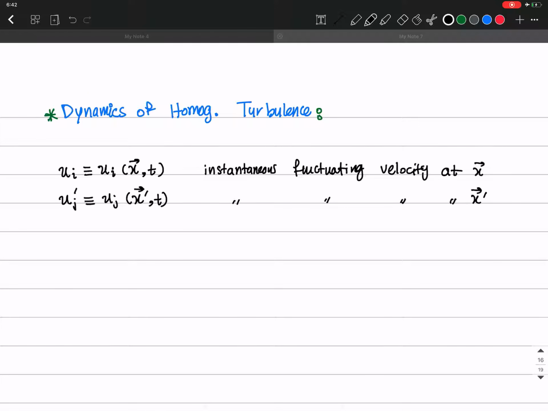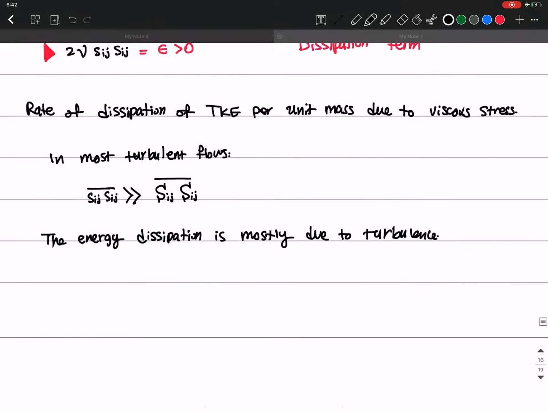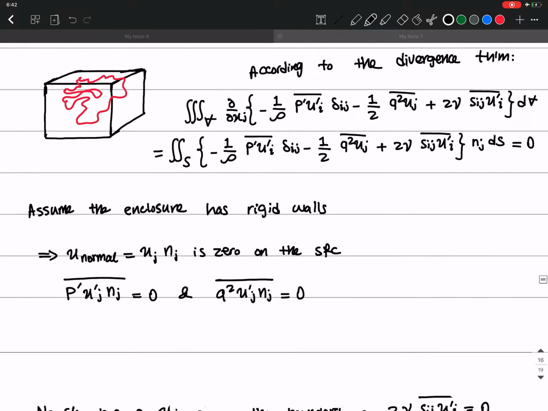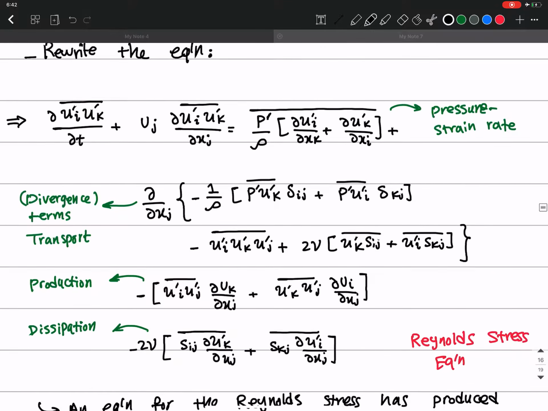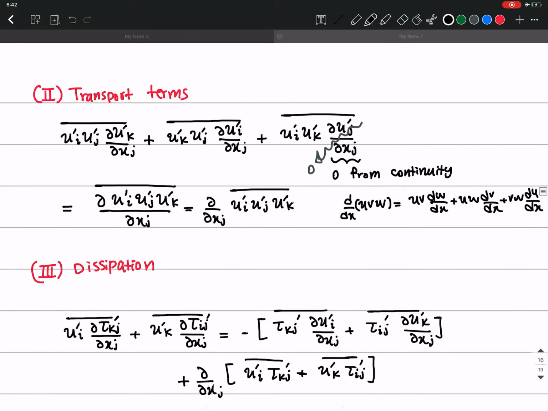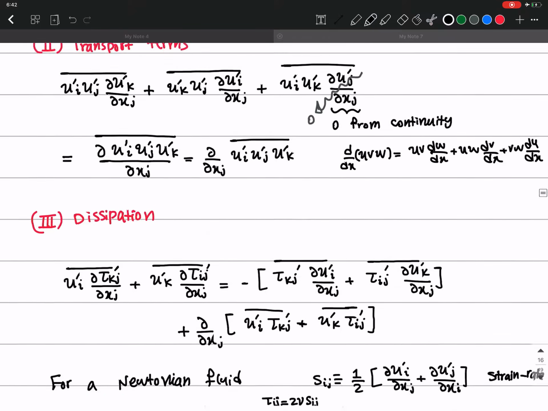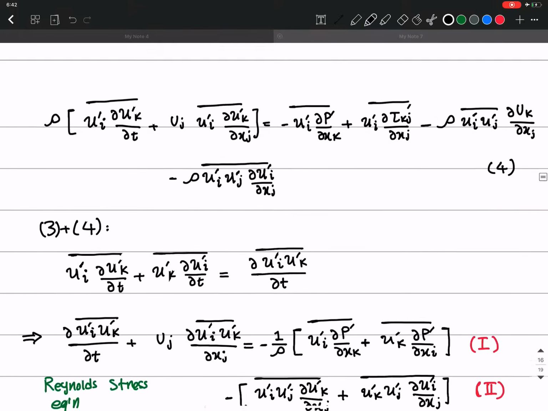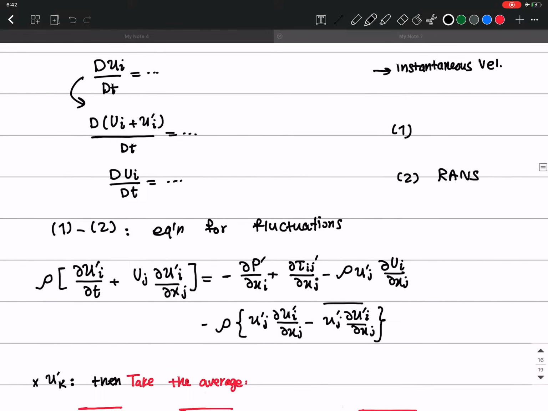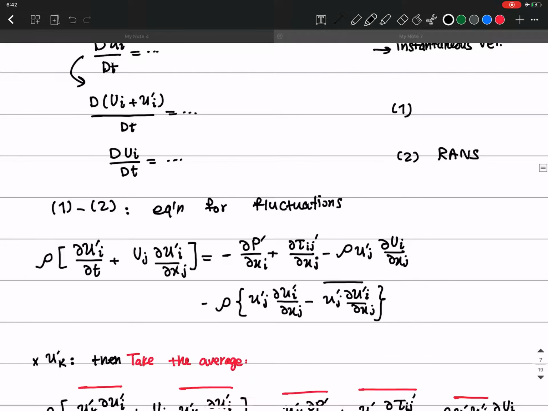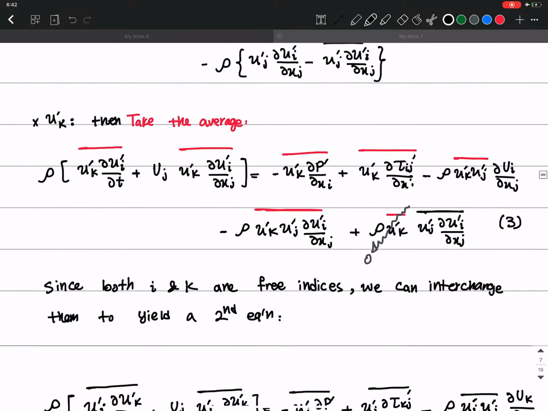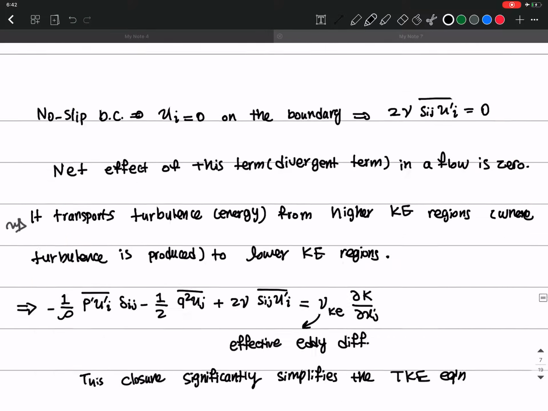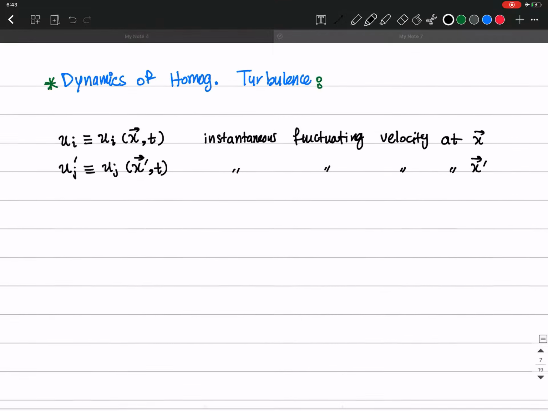So what I'm going to do is use the equation for fluctuating velocity that we derived, and multiply one of these by another, a trick that we used before too. So I'm going to use that in the Navier-Stokes equation and multiply one by another.